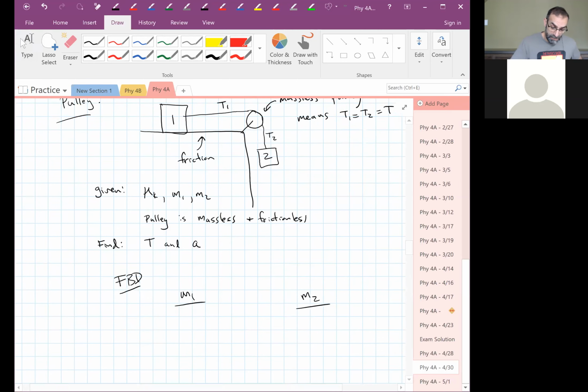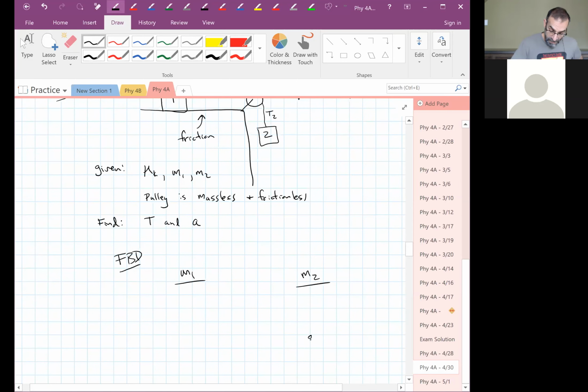I'll do the easy one for you. What's touching M2? The rope. What can reach in from a distance? Gravity. And what is that equal to? Force of gravity is just mass times g, right? mg.